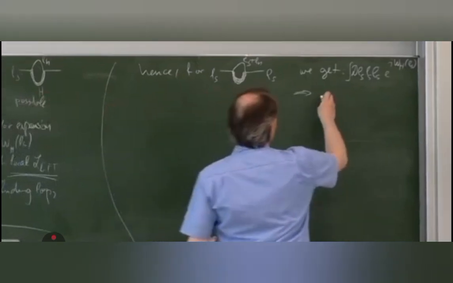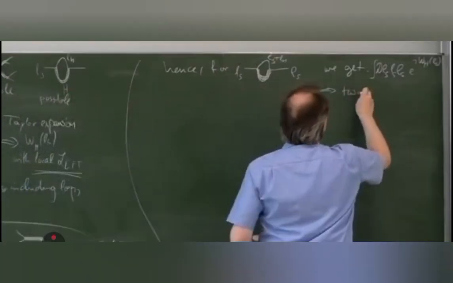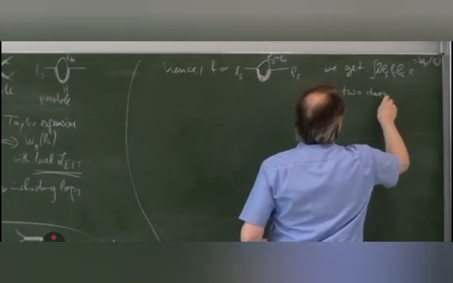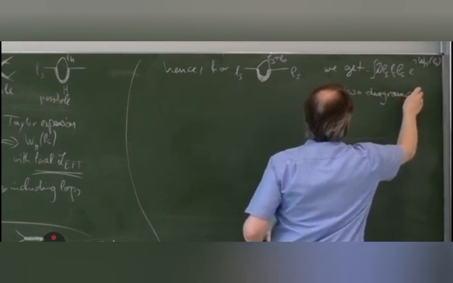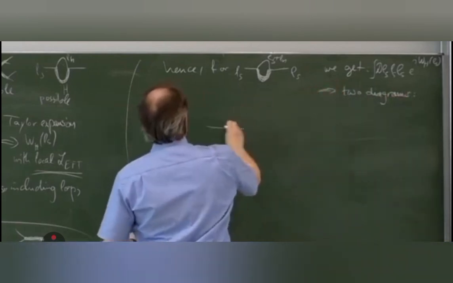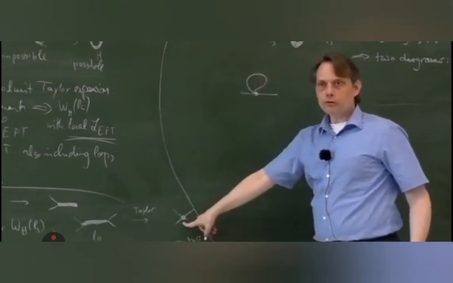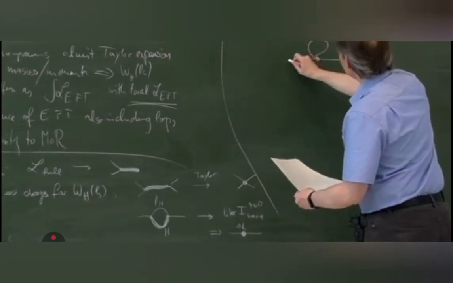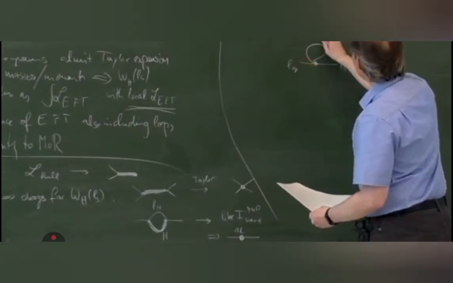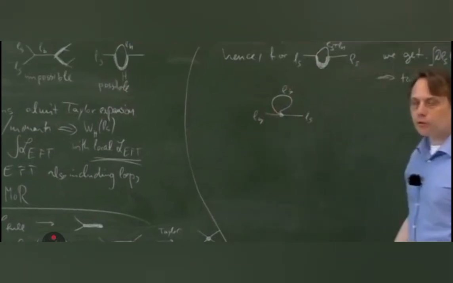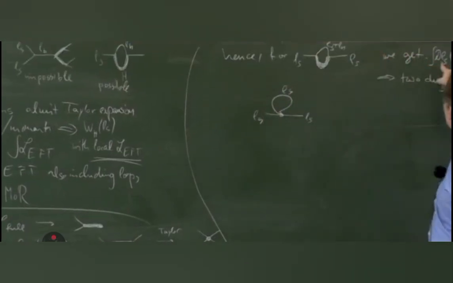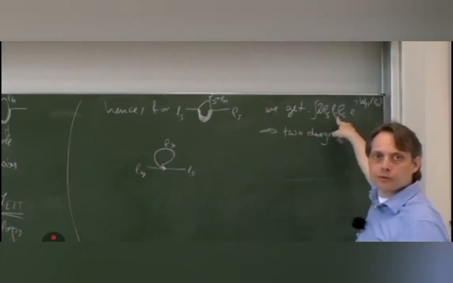And therefore we get two diagrams. Namely, this one, using that vertex, where we have now only LS in the loop.